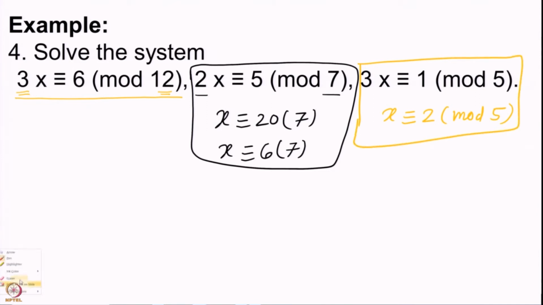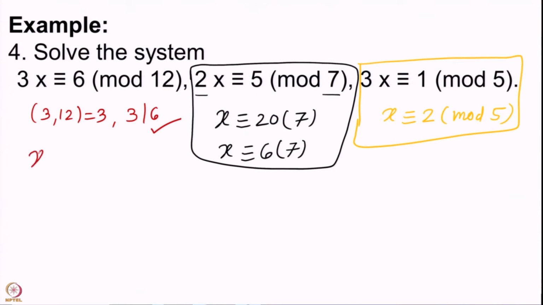And now we come finally to the system that we have here. So, by cancelling out GCD, the GCD of 3 and 12 is 3 and 3 divides 6. So, we are ok. We cancel GCD to get x congruent to 2 mod 4.